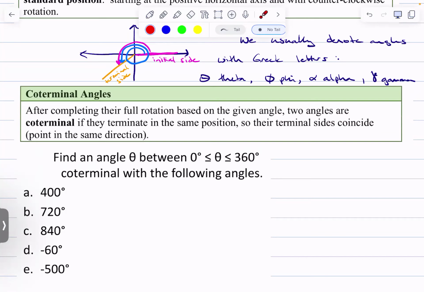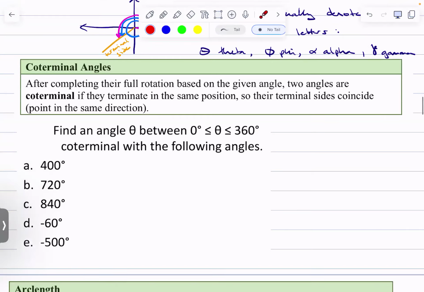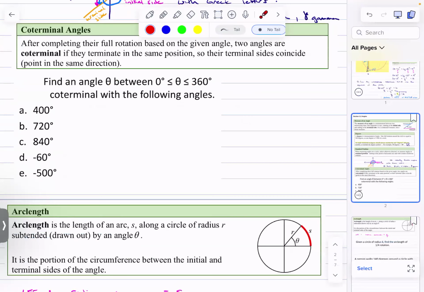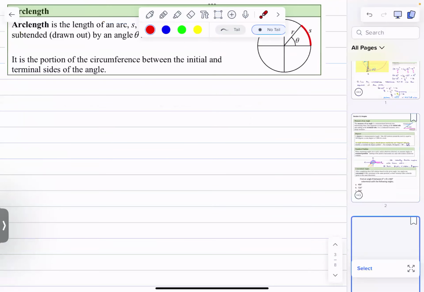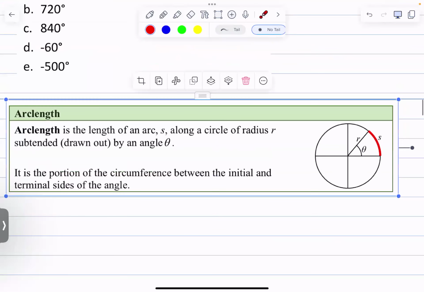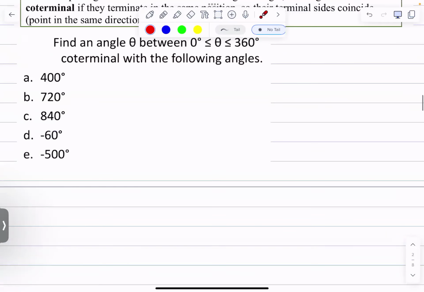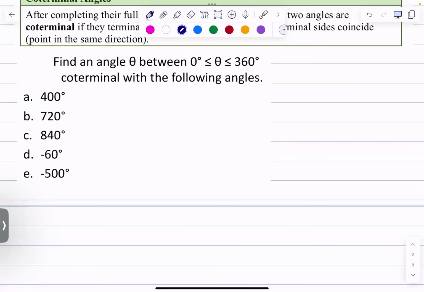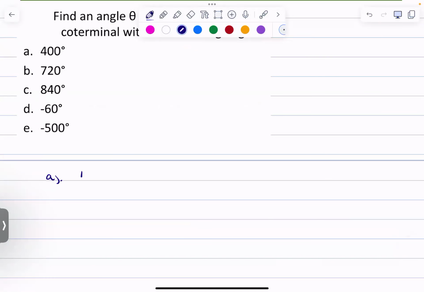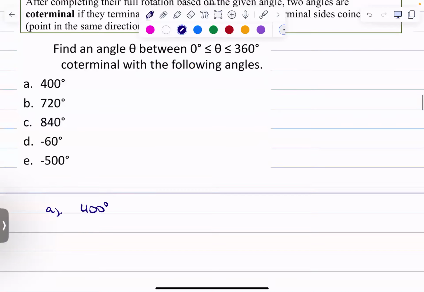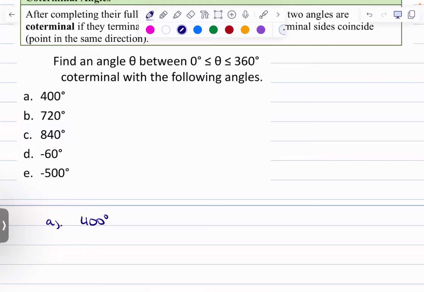Even if we've looped around a couple of times, we want to stay in the 0 to 360 range. 400 degrees is more than 360, which means I've gone around once.